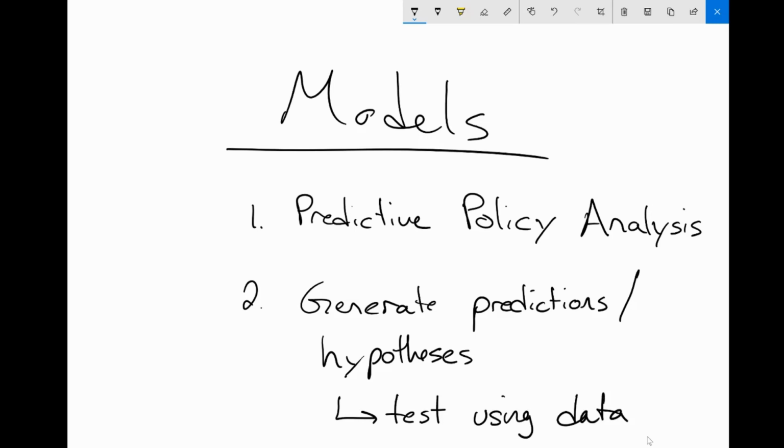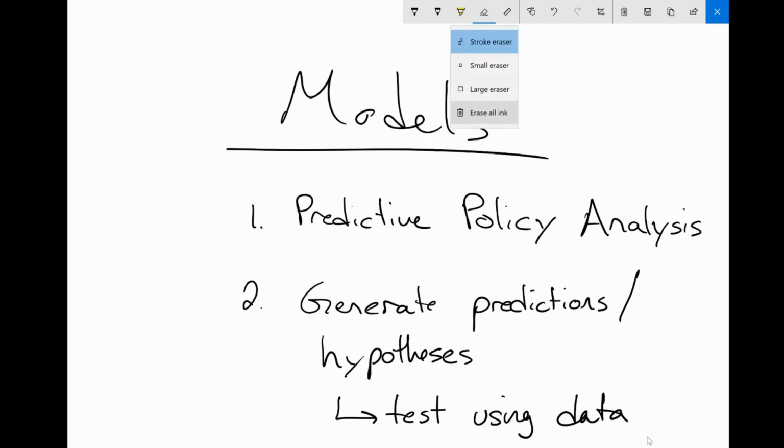We can test these hypotheses using our impact assessments if, say, we are looking at the impact of some sort of development program or policy. If we're writing a research paper, we will use a theoretical model to generate predictions, and then we can test those predictions empirically.